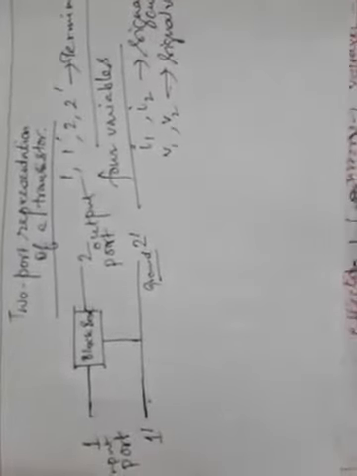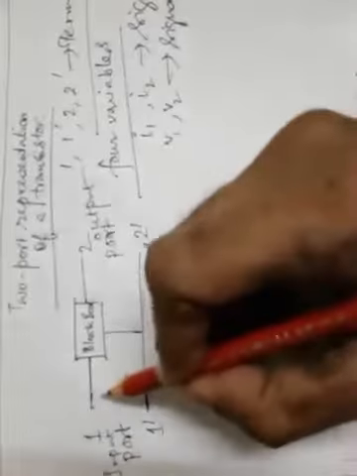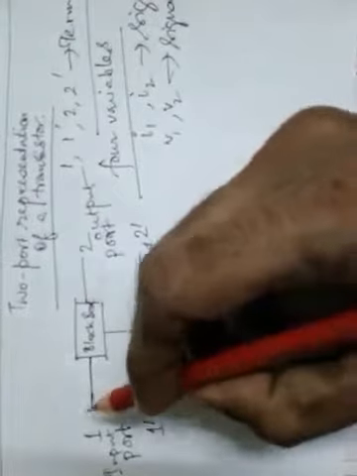And for writing the equations we need these variables, which have already been specified as I1, I2 and V1, V2. So here let us mark all these variables in the diagram. On the left side this is I1, and on the right side this is I2.